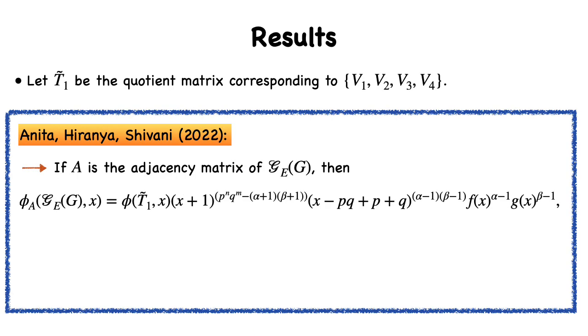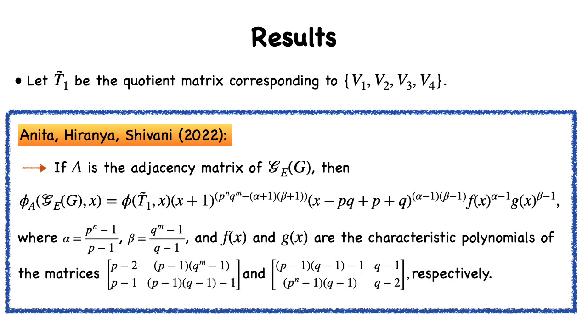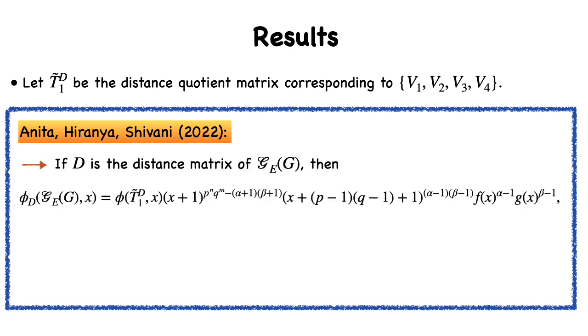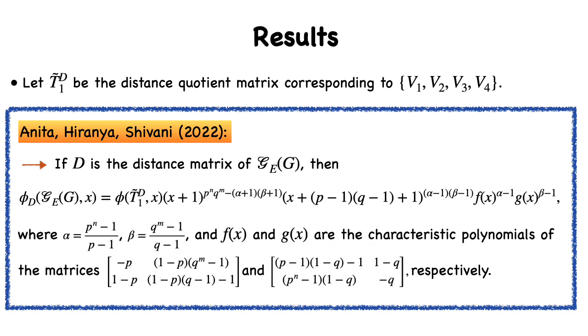Using that, we first found the adjacency characteristic polynomial of the enhanced power graph of this group, and later we found the distance characteristic polynomial of its enhanced power graph as well.